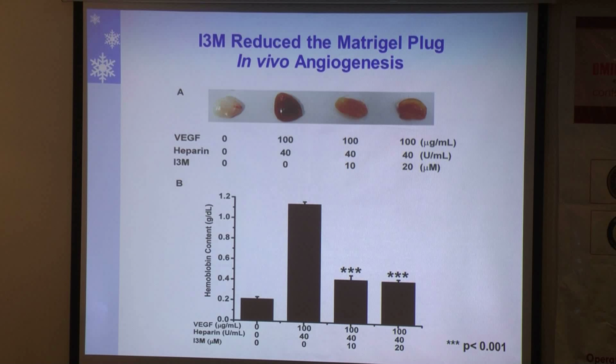And then after 7 days, we isolate the matrigel plug, and you can see here the one without I3M has vascularization, and we measure hemoglobin content and quantify. And you can see here, I3M can actually reduce the angiogenesis in vivo.